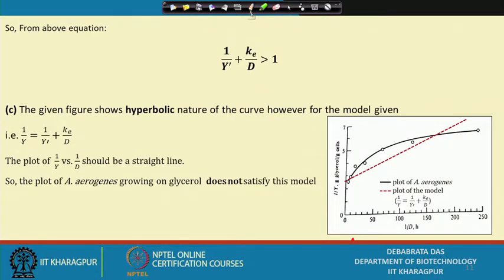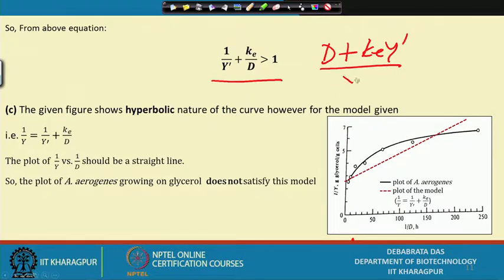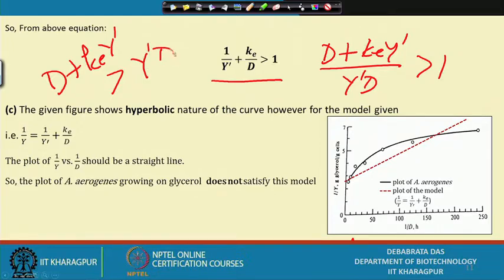And then we can have this relationship, that 1 by Y. Now, we can simplify this further: this is (D plus k_e) Y' by Y' into D. Now, if I multiply both sides by Y' D, it can be written as (D plus k_e Y') should be greater than Y' D. Am I right?